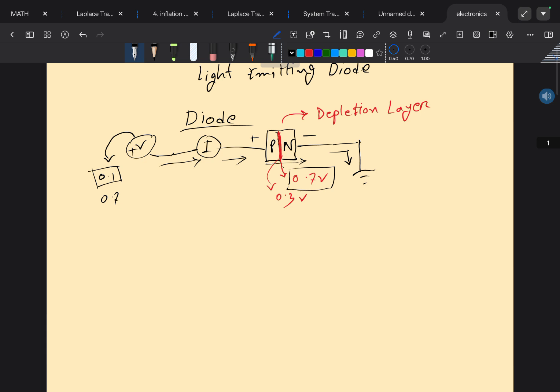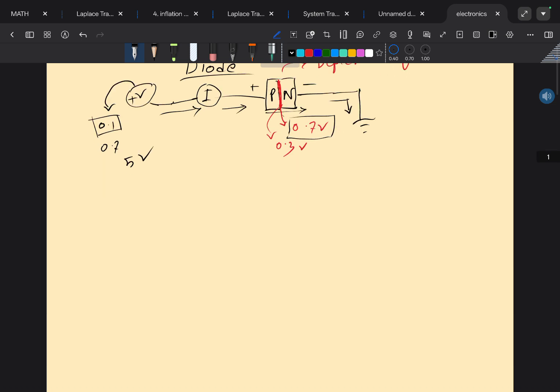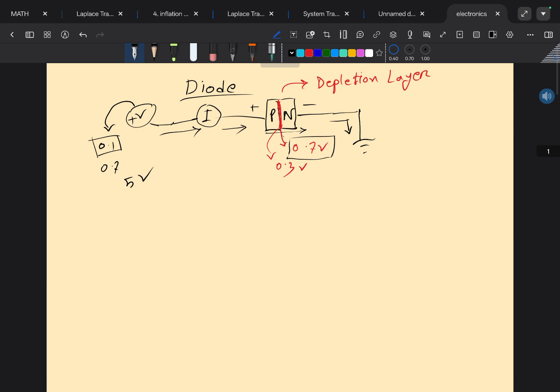For current to flow we have to set at least 0.7 volt, and we can then ramp this up to say 5 volt or anything like that. This basically shows the application of a PN junction or diode in general.